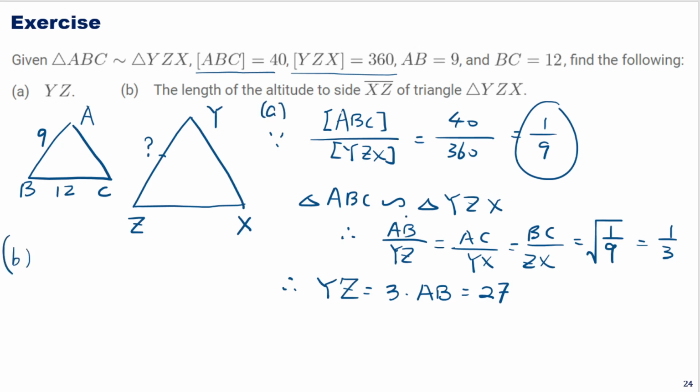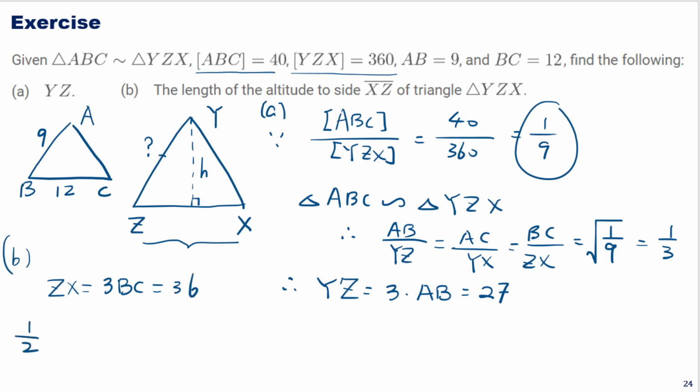And second question, length of the altitude to side XZ. So if you know ZX, you know the area of that triangle, then you know the h, right? Okay, first of all, ZX equals 3BC, which is 36.